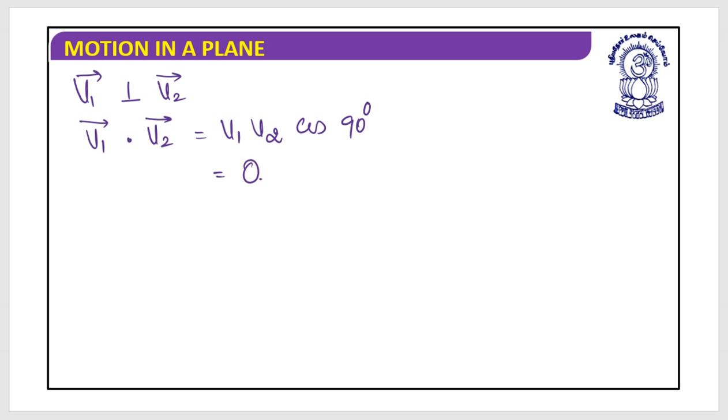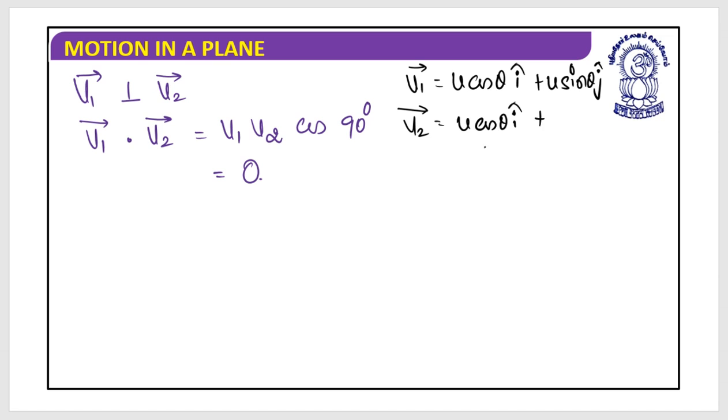Let me rewrite: v1 is u cos theta i cap plus u sin theta j cap, and v2 is u cos theta i cap plus (u sin theta minus gt) j cap. I need to provide the dot product of these two. In a dot product, we multiply i cap with i cap and j cap with j cap. That's it.